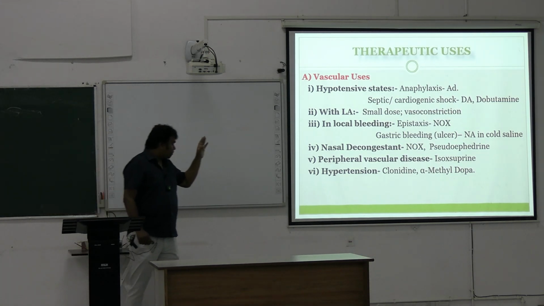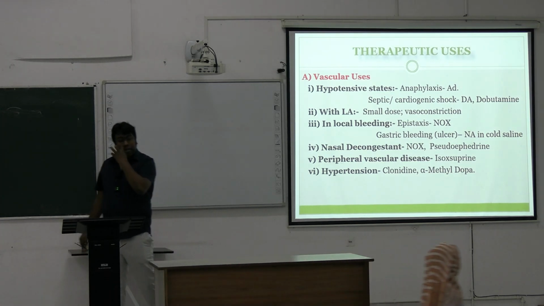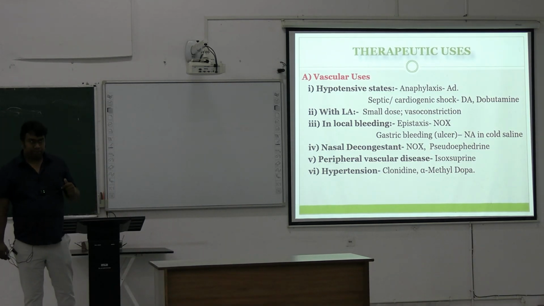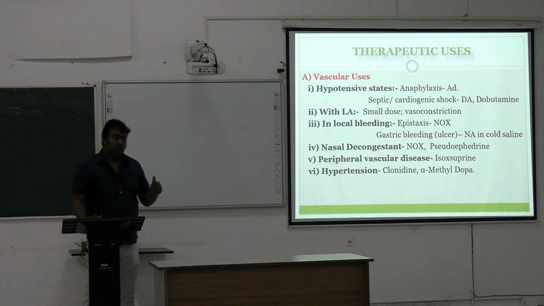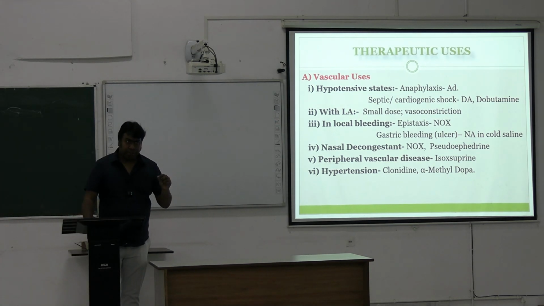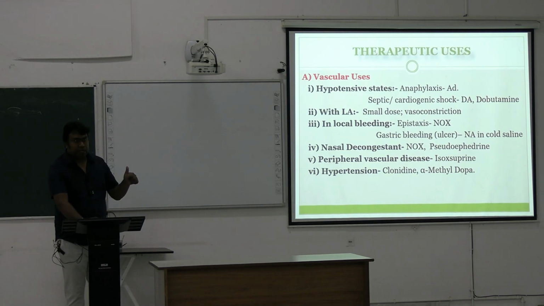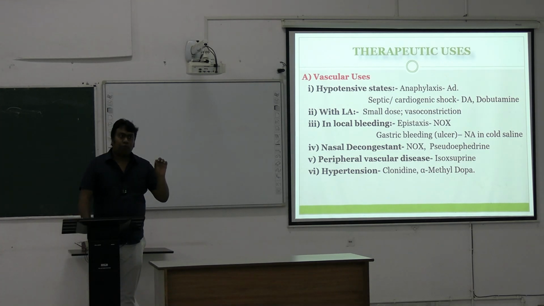Then next, with local anesthetics we can use adrenaline. Why do we use adrenaline with local anesthetics? Because, number one, there is vasoconstriction, so the amount of local anesthetic absorbed is less. কারণ vasoconstriction হচ্ছে, so if less local anesthetic is absorbed, that means more local anesthetic is present at the site of action, and duration will be increased.